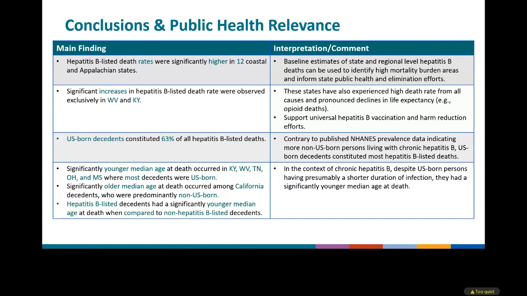And hepatitis B listed decedents had a significantly younger median age at death when compared to non-hepatitis B listed decedents, and that applied to US and non-US born persons with hepatitis B. So in the context of hepatitis B, despite US born persons having presumably a shorter duration of chronic infection, they nonetheless had a significantly younger median age at death.